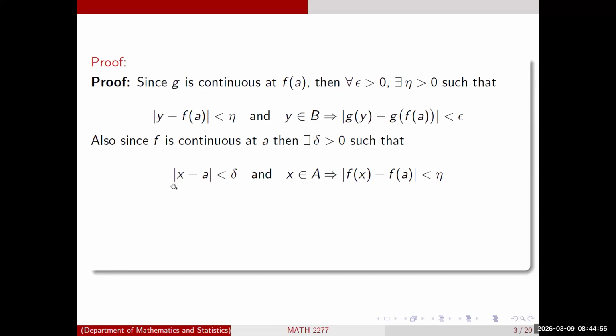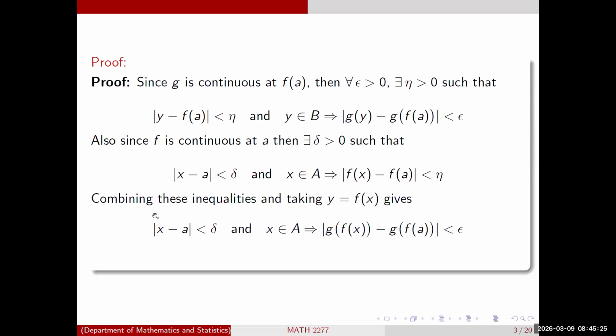So if I choose an x value within a delta distance of a, then this holds: the corresponding f of x minus f of a is within eta. And if this is within eta, that's the same condition as this one. So now this third inequality holds. It's sort of like a transitive property propagating through the inequalities.